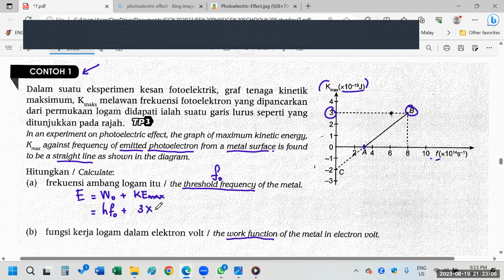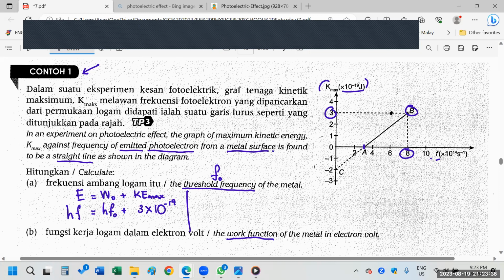Actually it's 3 times 10 to the power of negative 19 joules of energy. Then what is the E? E here, this is hf. f is this. So we substitute. This is the hf, so I will substitute.